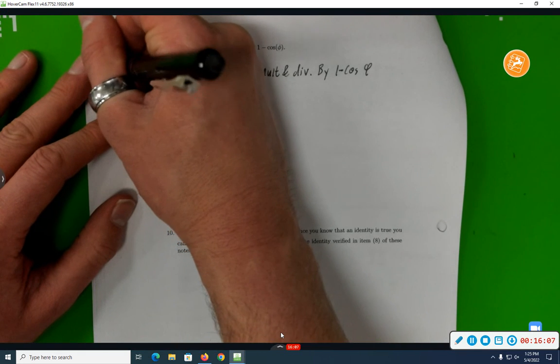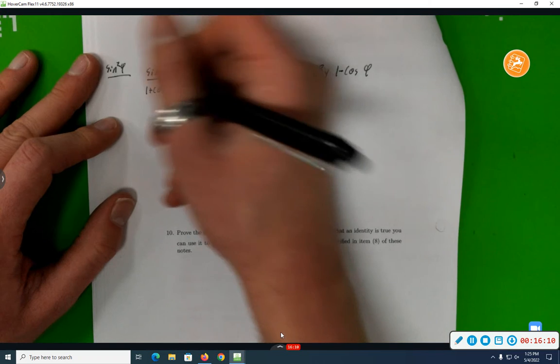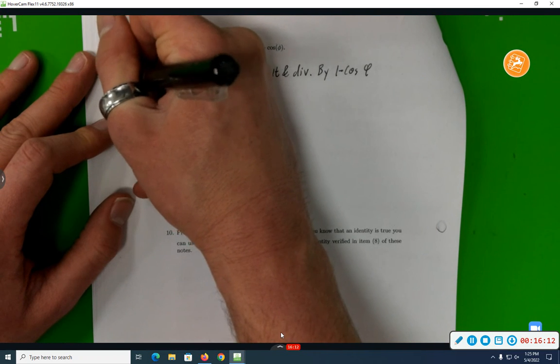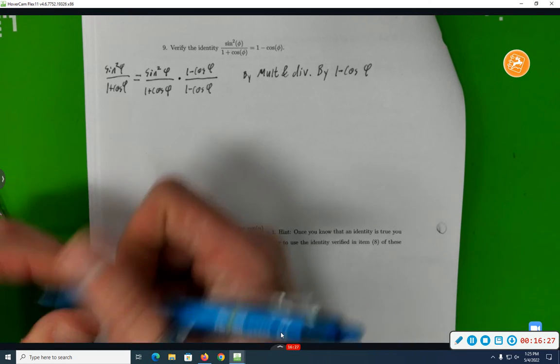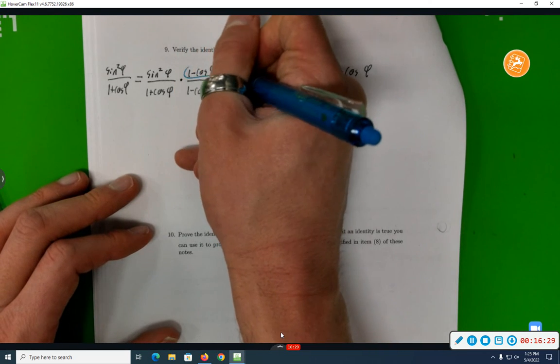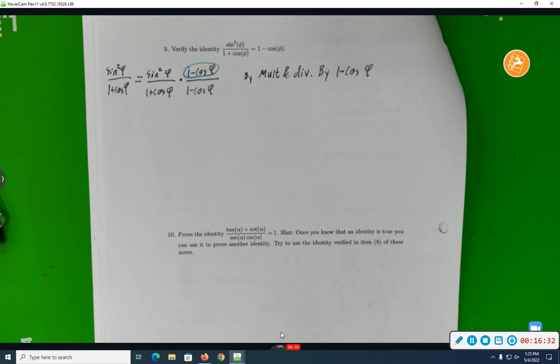Sine squared phi over 1 plus cosine phi is equal to that. All right, so there's a thing. And I think that this term, I want to leave that term alone because that's the term that I want to survive to the end. In a perfect world, everything else would reduce to 1. So let's just try to reduce everything else in sight.